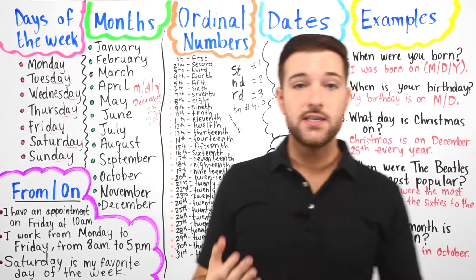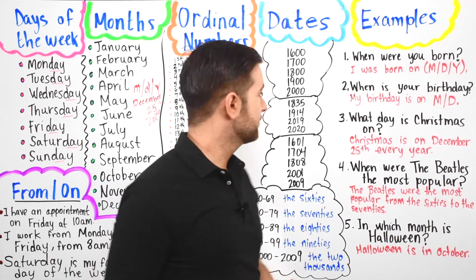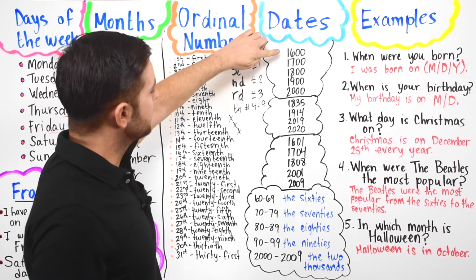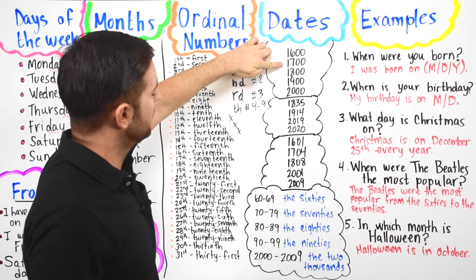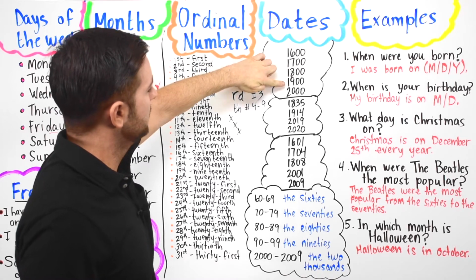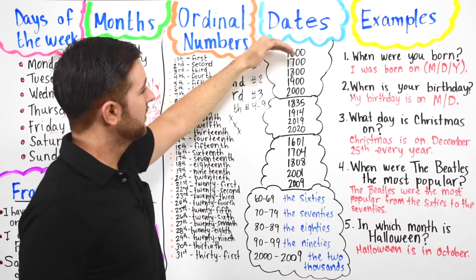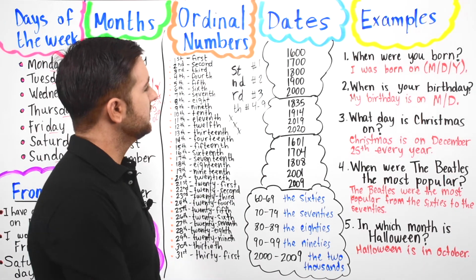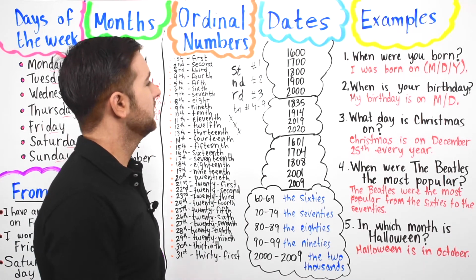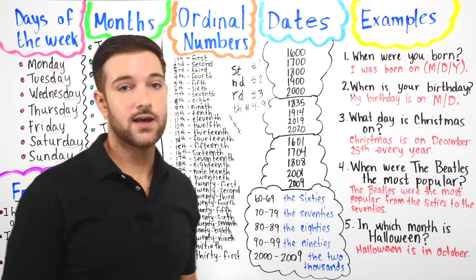Now, in English, each year for a new century is pronounced like this: 1600, 1700, 1800, 1900, and 2000. I'll say it one more time. 1600, 1700, 1800, 1900, and 2000.